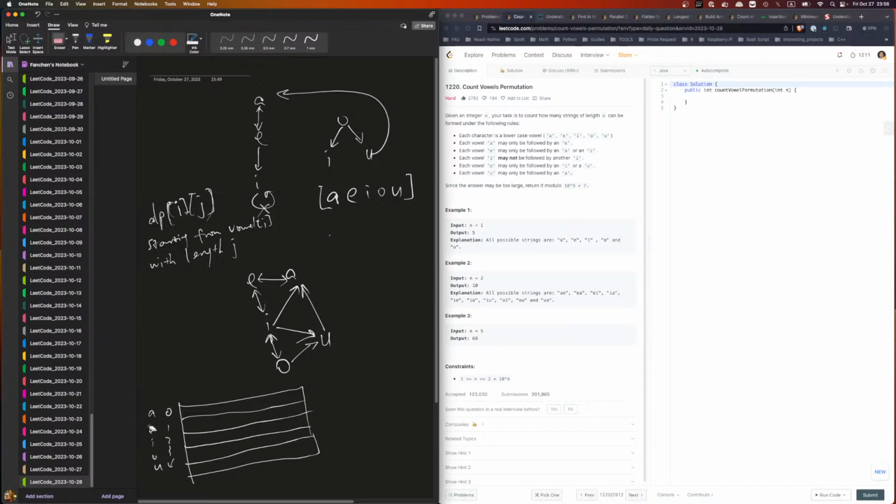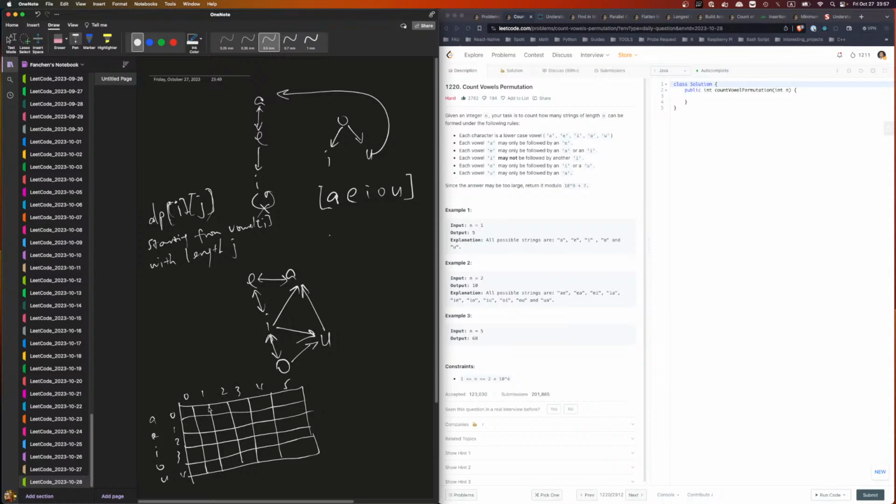Let me rewrite this: 0, 1, 2, 3, 4 and A-E-I-O-U, and the length goes 0, 1, 2, 3, 4, 5, because length is 5.